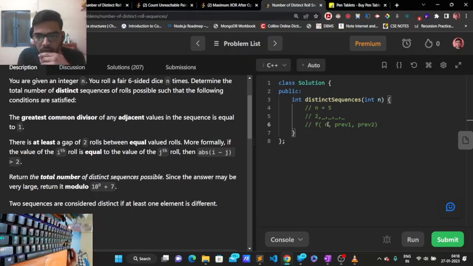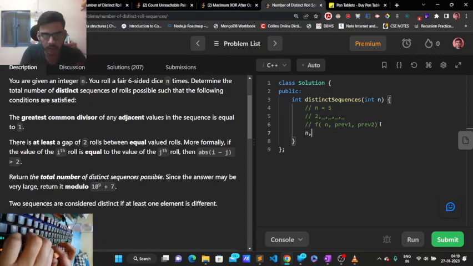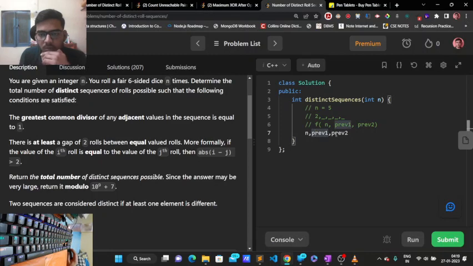Here n is the remaining number of times which we have to roll, and PRV1 is the last value which came when we rolled the die, and PRV2 is the value which is the previous of the previous. That means if we have to roll the die n times remaining, then PRV1 is this one, and PRV2 is the previous of the previous one.